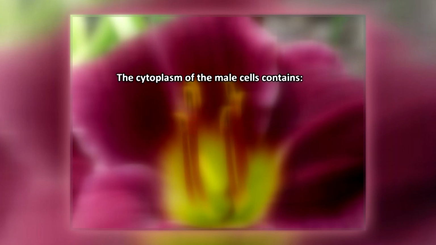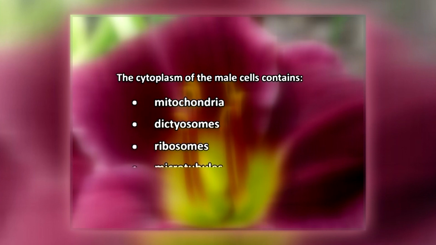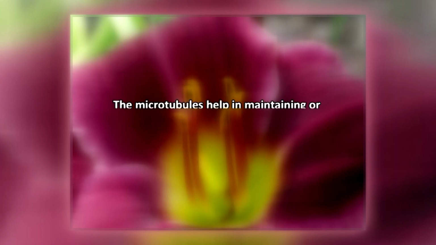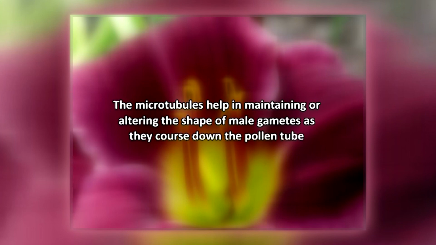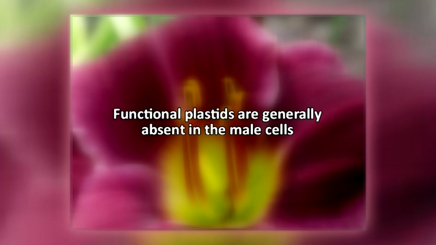The cytoplasm of the male cells contains mitochondria, dictyosomes, ribosomes, and microtubules. The microtubules probably help in maintaining or altering the shape of male gametes as they course down the pollen tube. Functional plastids are generally absent in the male cells.